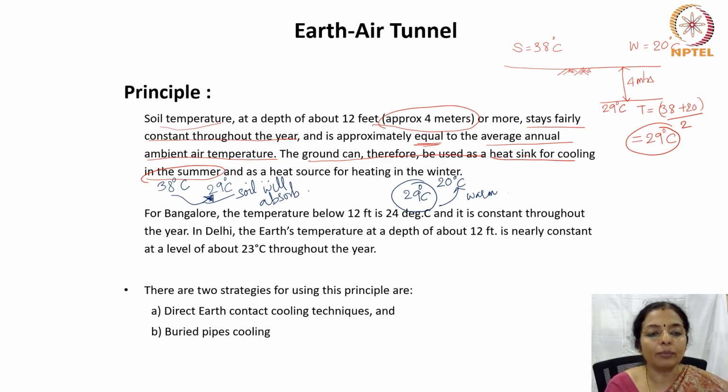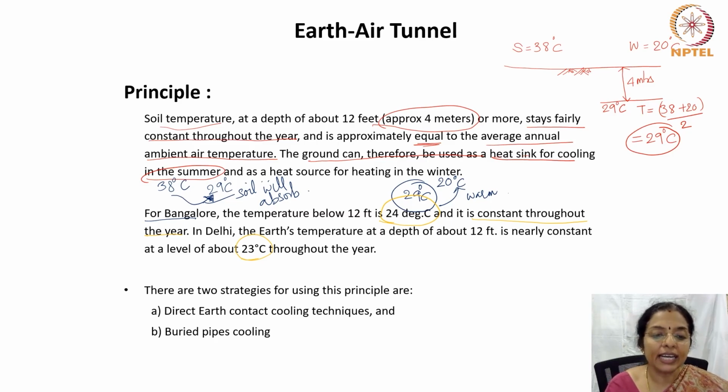For example, in Bangalore, the temperature at a depth of 12 feet is 24 degrees centigrade, and this remains fairly constant throughout the year. Whereas in Delhi, the earth's temperature at 4 meters or 12 feet is a constant 23 degrees centigrade throughout the year. There are two strategies for using this principle.